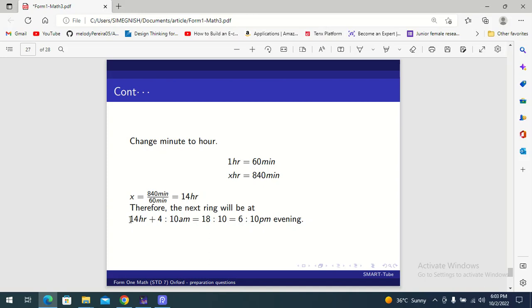You see now, this is after 12 hours. That means this was morning, so this is evening, which is 10 past 6 in the evening. So at this time, the 3 of them will ring at the same time.